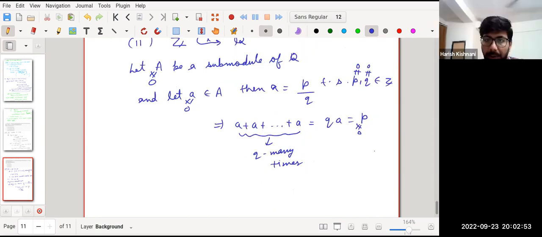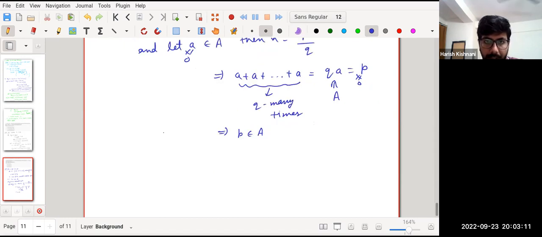And this Q times the element should be inside A, because if you take the sum of it, it should be inside A since A is a submodule. So this will imply that P belongs to A, and that will imply that P is inside I inverse of A, because P is an integer, so its pullback will be P again.